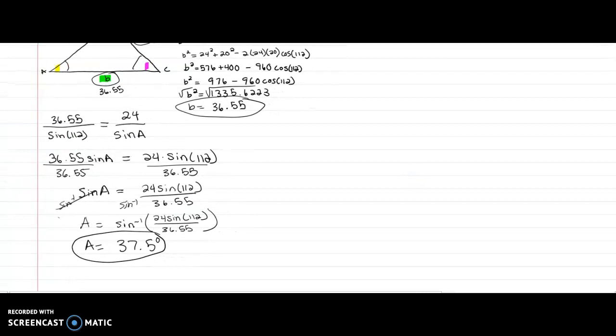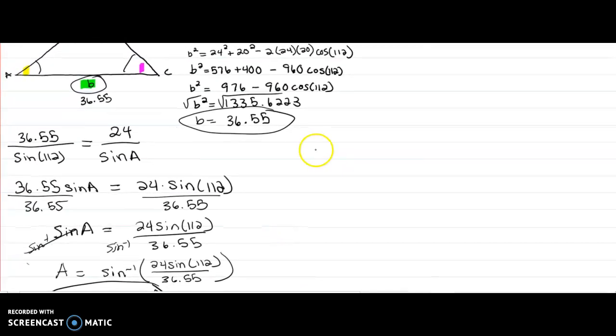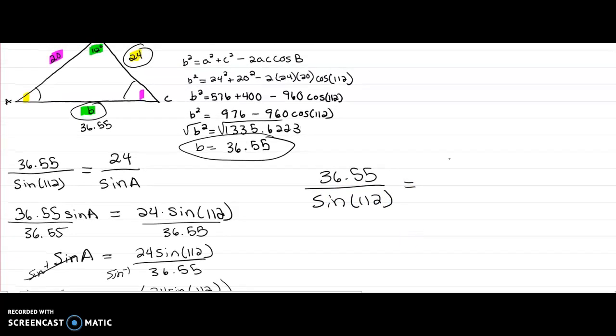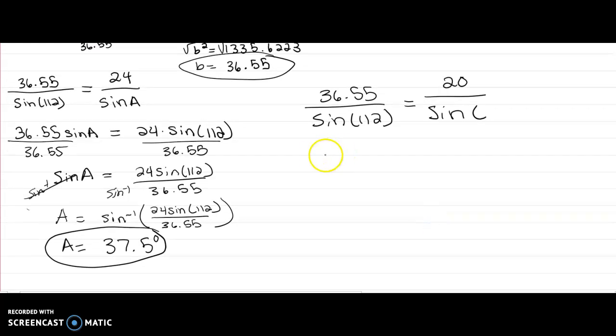Okay, now angle C is our last one. So we're going to start with the same ratio that we had. So we have 36.55 over sine of 112 is equal to, so the side that corresponds with C is 20 over the sine of C. Okay, so same process for this one. I'm going to cross multiply.